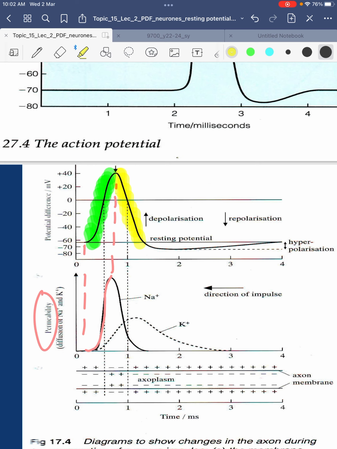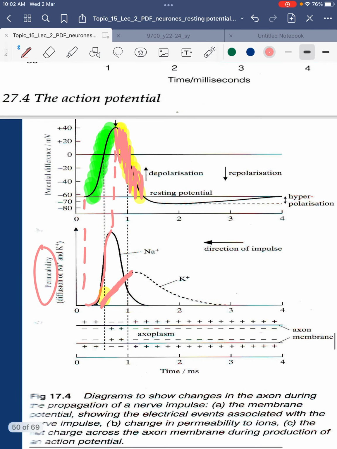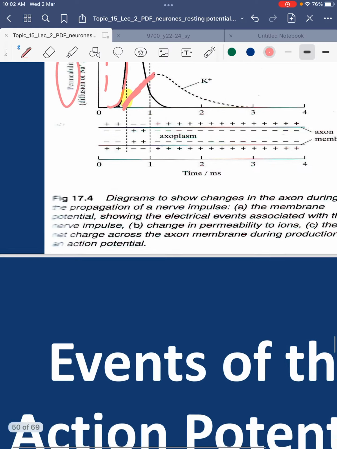Now you can see the permeability of potassium increases, because in this region, potassium leaves the axon. And so on. So that's how it's done.